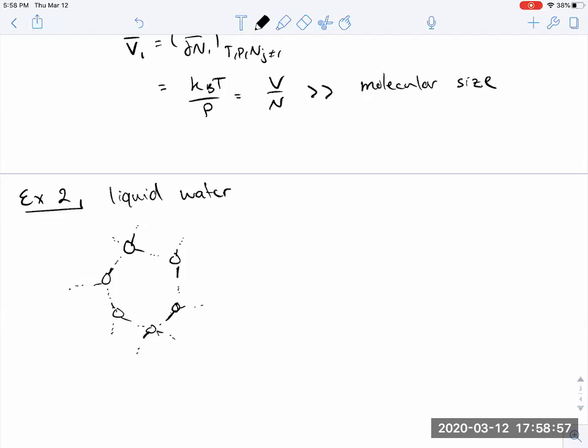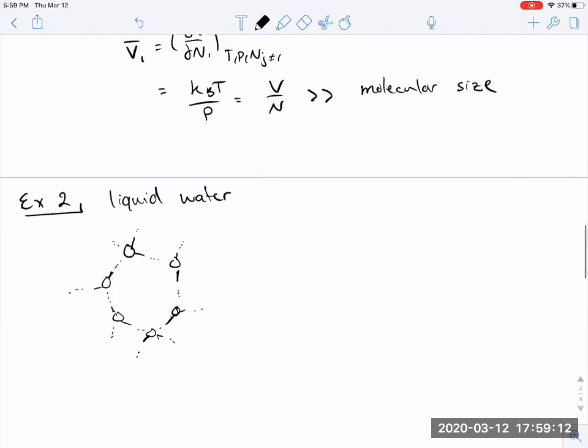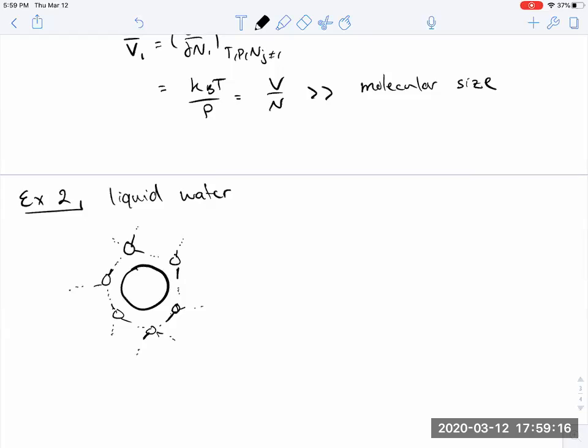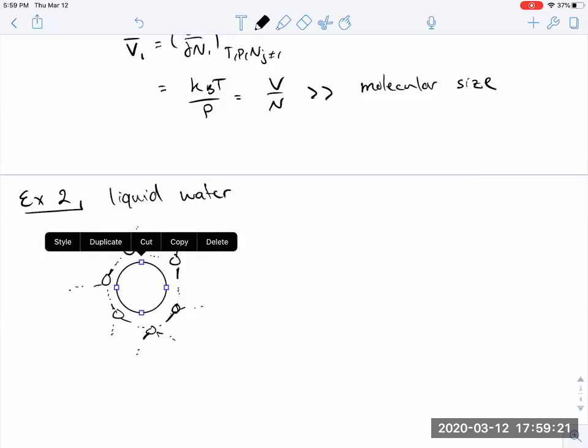But just by drawing a typical hydrogen bonding pattern like this, water 4-fold coordinated, most of them have 4 hydrogen bonds on average, it's quite clear that in the course of natural fluctuations of the water, the fact that they hydrogen bond in this way means that it's quite likely that there are cavities that form, little voids, for example, here.